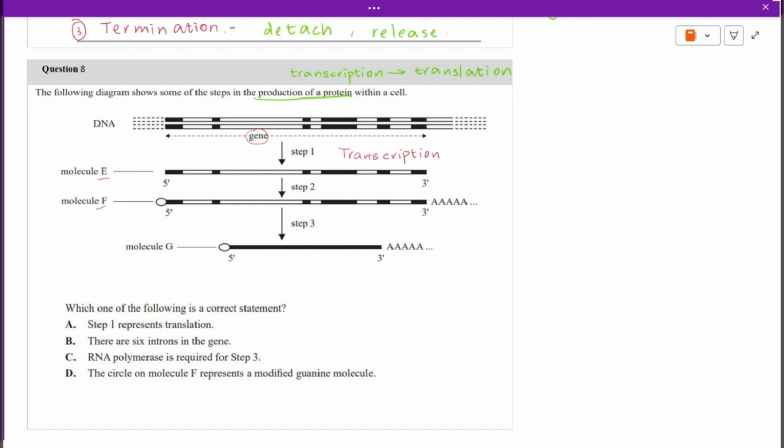So the coding looks like it's the same, but what's different is we have a small circle attached to the 5' end of the molecule and a chain of A's attached to the 3' end of the molecule. Okay, now you probably realize this is post-transcriptional modification.